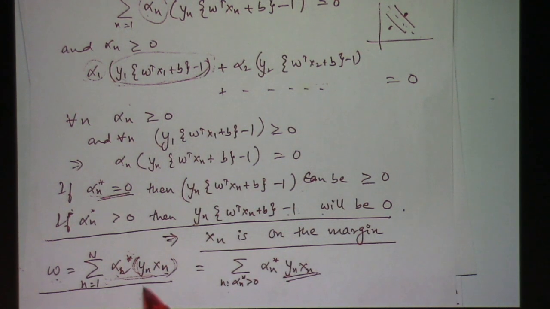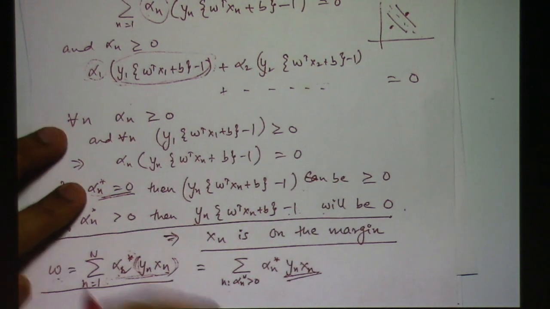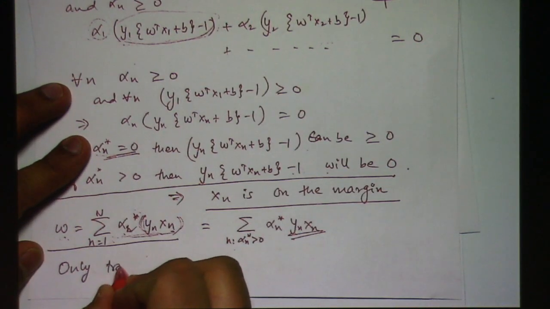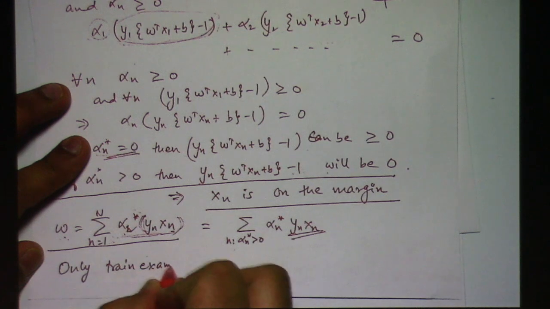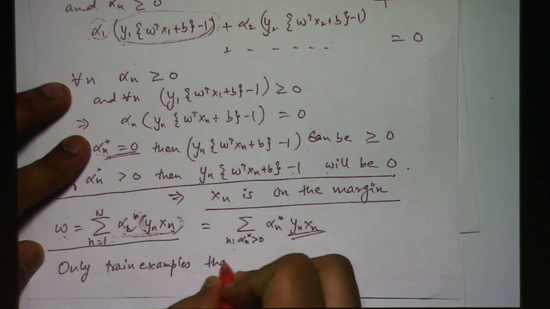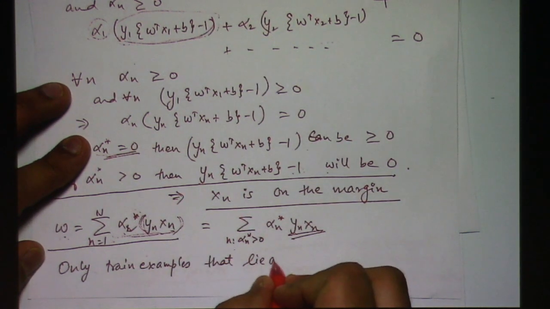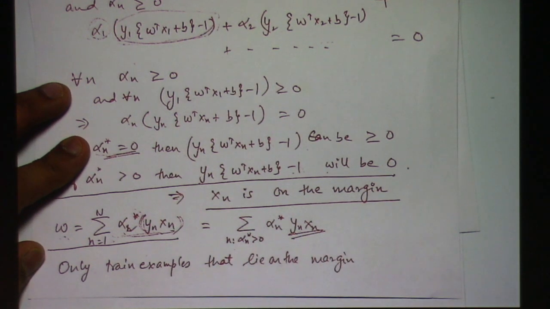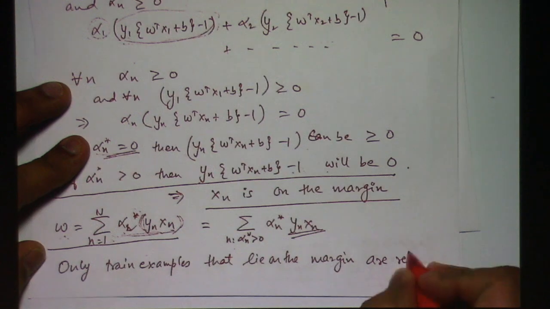And you can also throw away all of your training data which are not on the margin. So the point is that only training examples that lie on the margin, which means that either they are on the positive margin or negative margin, are relevant.